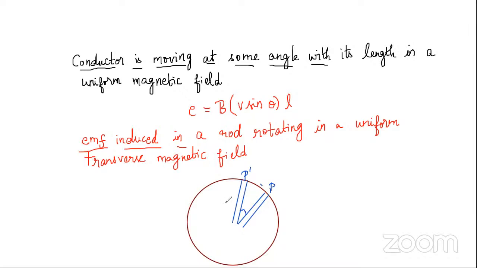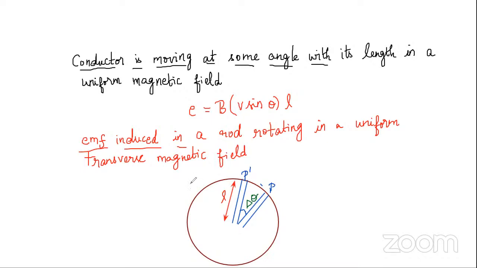We can mark this with another color. So this is delta theta. So the length of this rod is L. Okay.